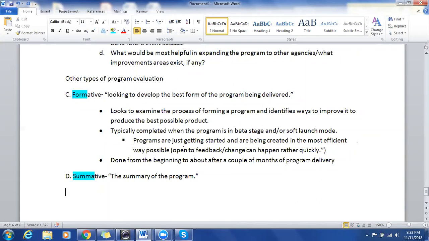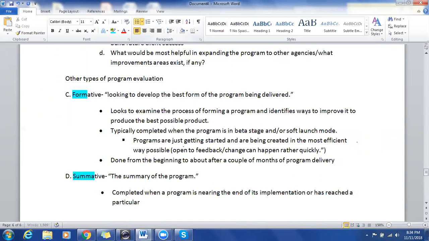And what does it look like within this type of program evaluation? It's typically completed when a program is nearing the end of its implementation or has reached a particular previously identified time, such as annual or yearly reviews.